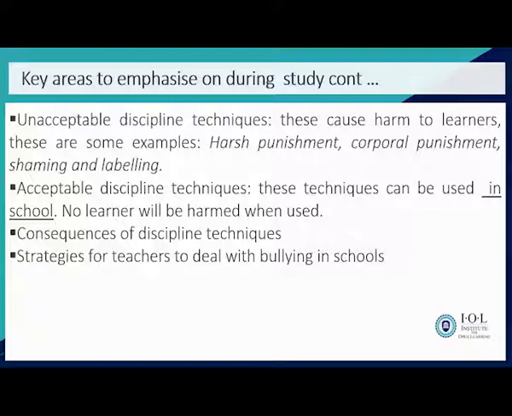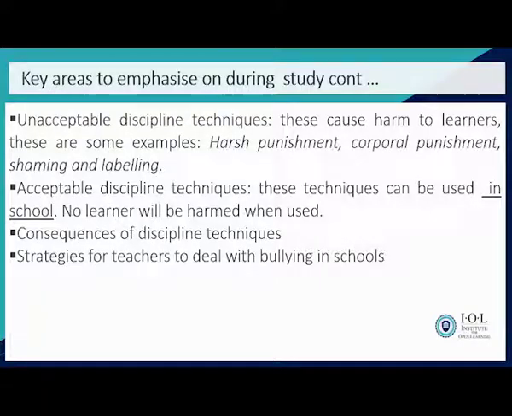So what are the acceptable ones? These techniques can be used in schools. No learner will be harmed when used. So, for example, if you tell a child that if you behave this way, or for example, you put a child to sit in a certain corner while others are playing, you do not allow this child to play with others because of what he or she has done.